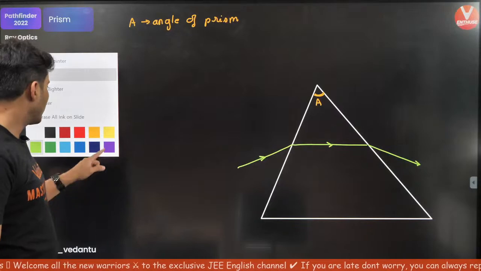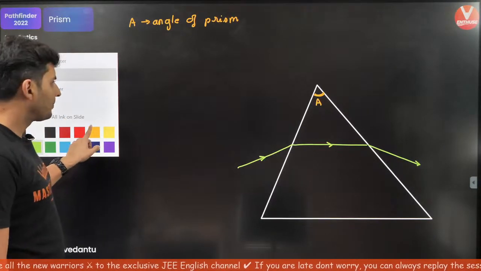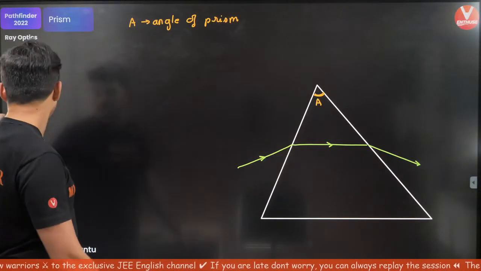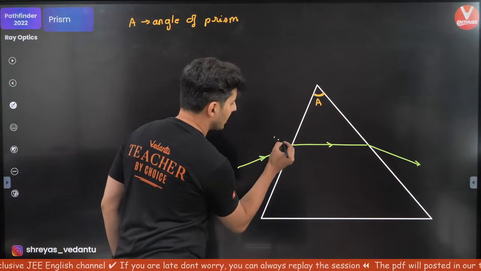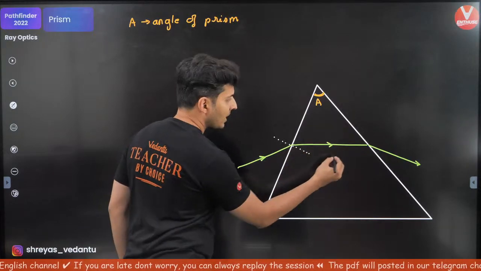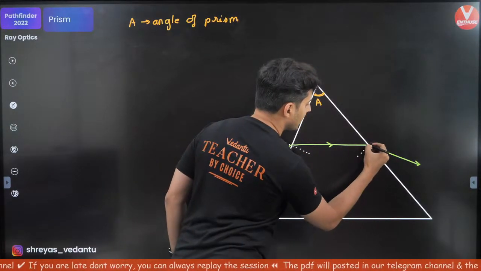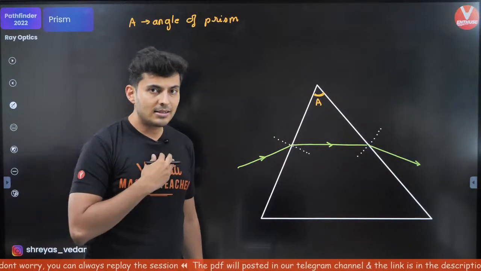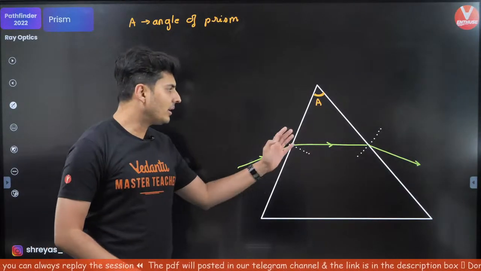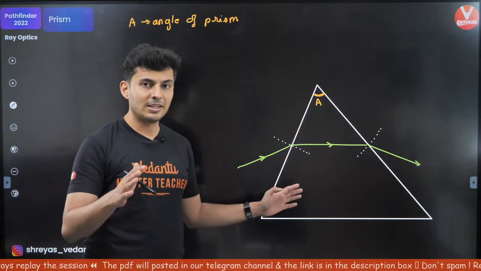It looks like equilateral, but it need not be equilateral. Mind it. Let's start marking the normals. So this is one normal which I can mark right over here, and this is another normal which I can mark right over here. I am interested in figuring out what these different angles are called.